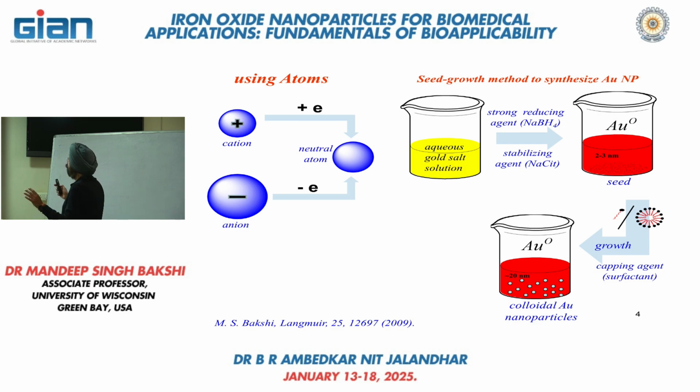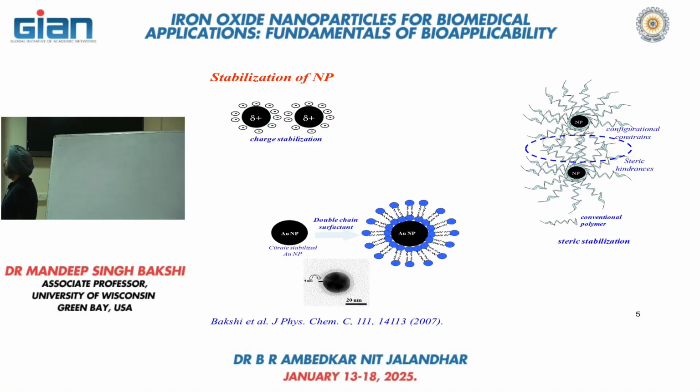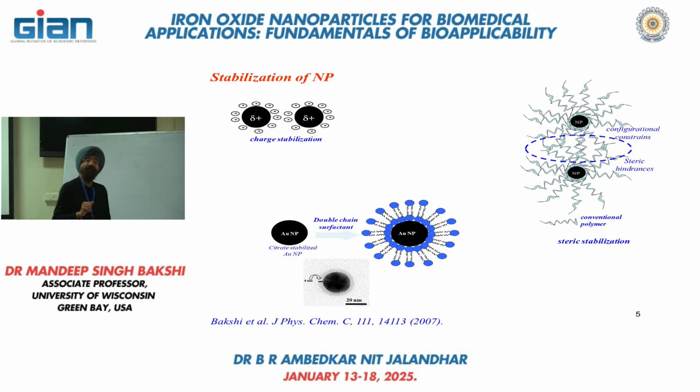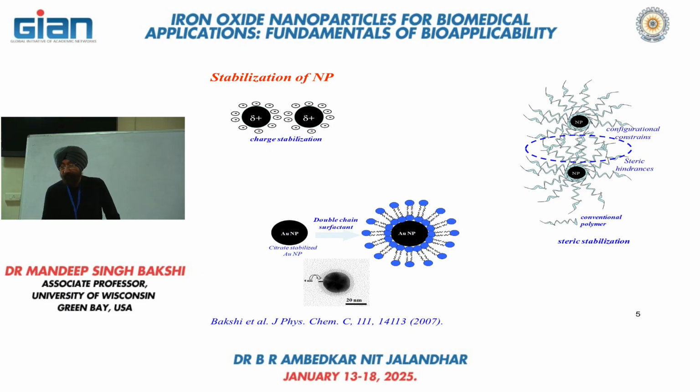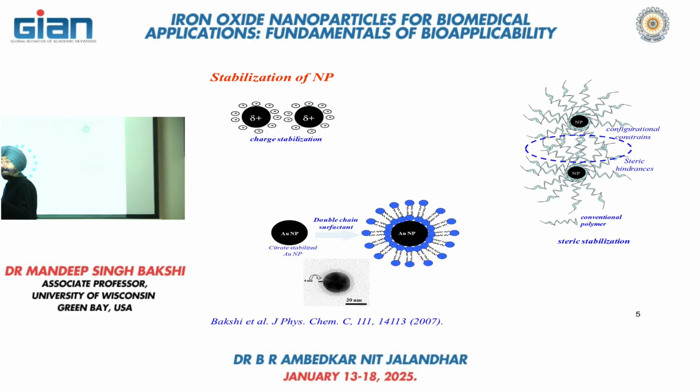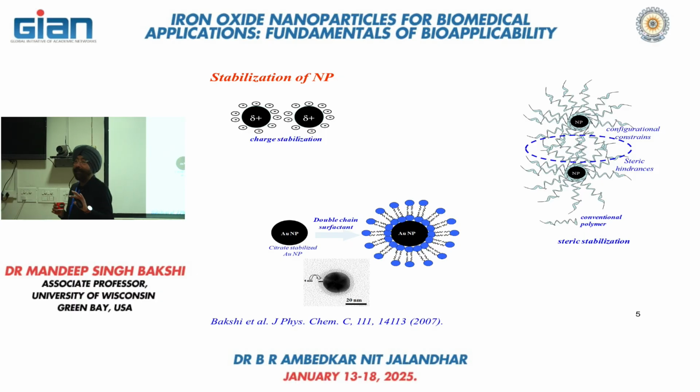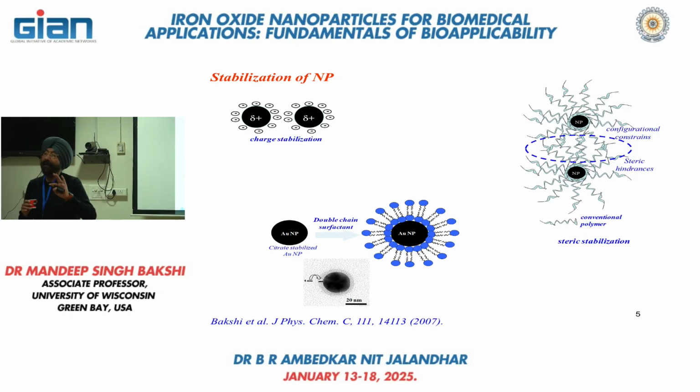Okay, now how can we achieve the stability of a colloid? Here, this slide I have typically. The best way to achieve the stability of a colloid is to produce the electrical double layer on the surface of the particle.